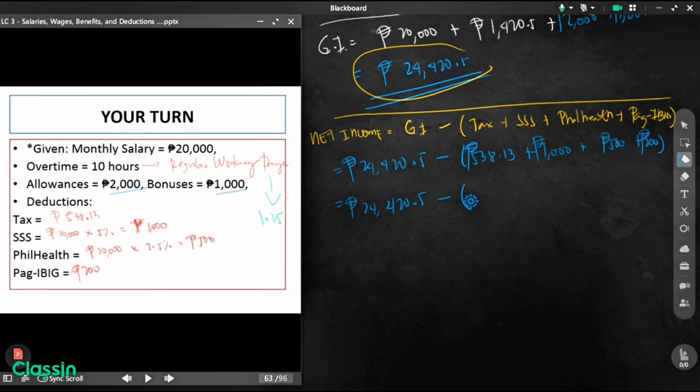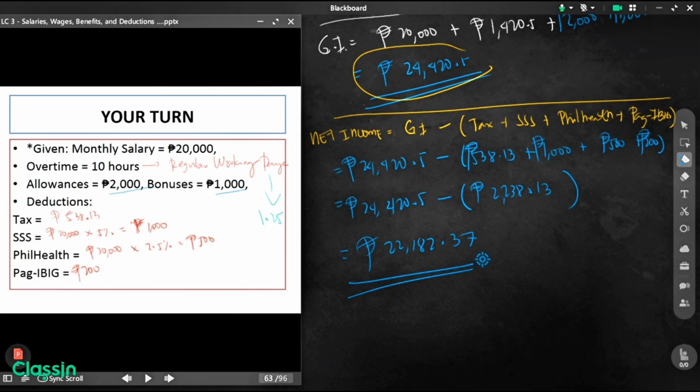So let's add all the deductions. Our net income will be 22,182.30.